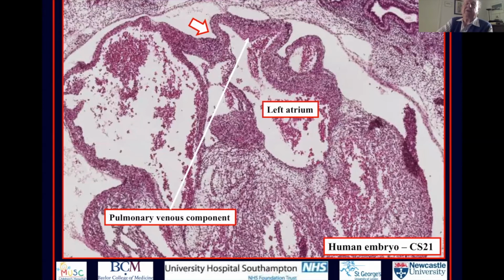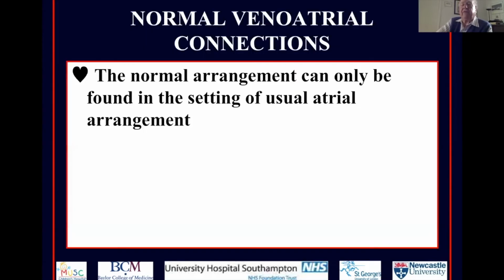In fact, it is not a septum at all, it is a fold, but it produces the superior rim of the oval foramen. Note as we pass that the left superior caval vein retains its own walls and interposes between the pulmonary veins and what I'm going to show you shortly, the left atrial appendage. So there we see the development of the normal veno-atrial connections.